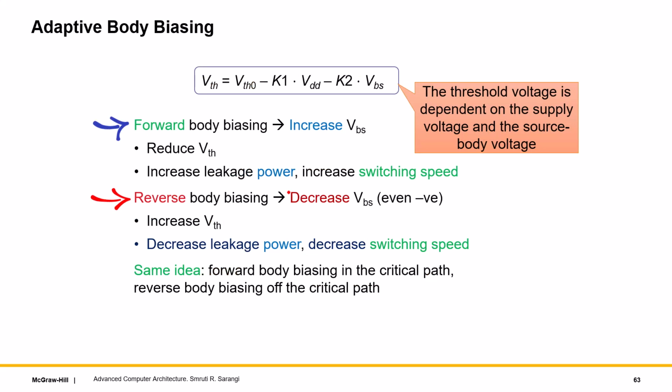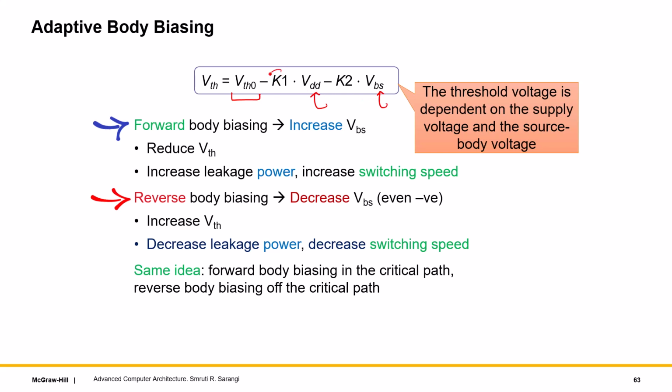Another such idea, which is adaptive body biasing. So we will see all of these things in the next chapter as well, in a slightly different avatar. And here the threshold voltage VTH of a transistor is of course a function of the supply voltage and the body to source voltage.